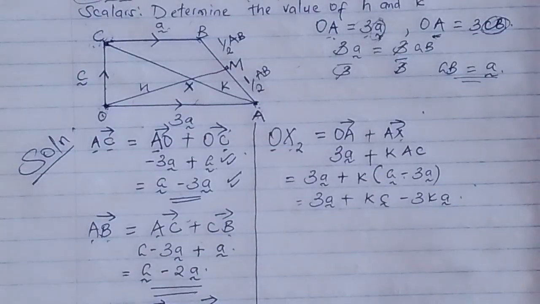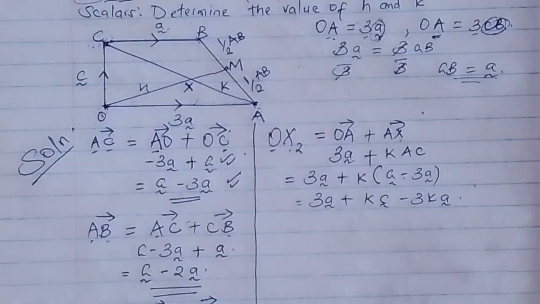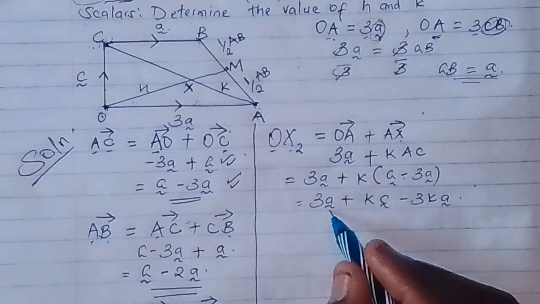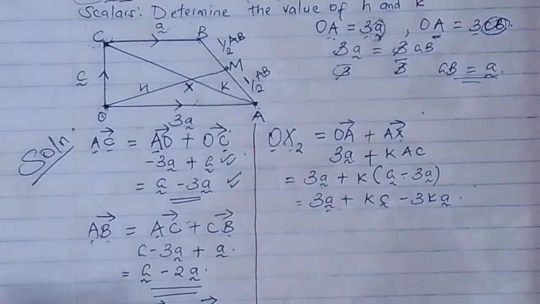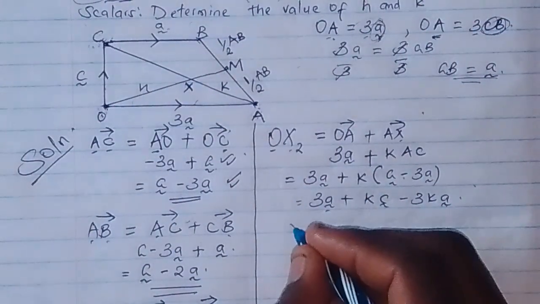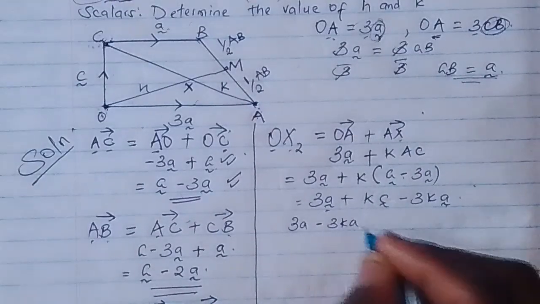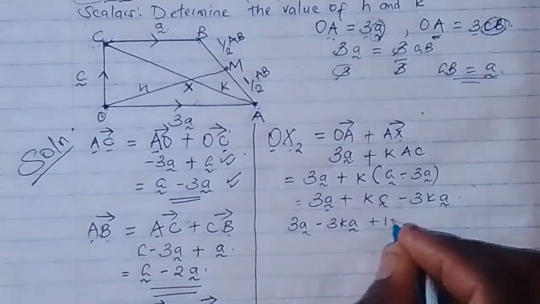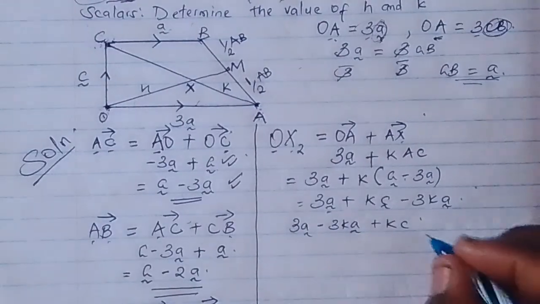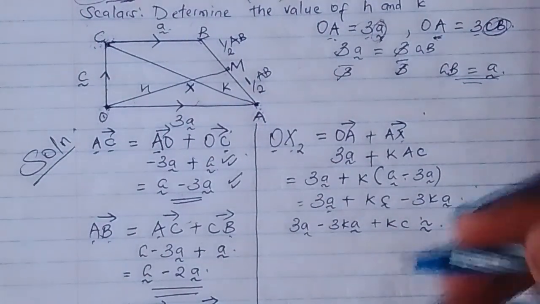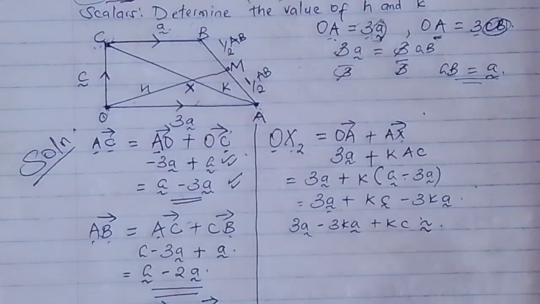Now remember the rule of like terms: pick what looks alike, leave what does not look alike. This is vector A, so they look alike. So we have 3A minus 3KA vector, then plus KC. We remove the common factor out.